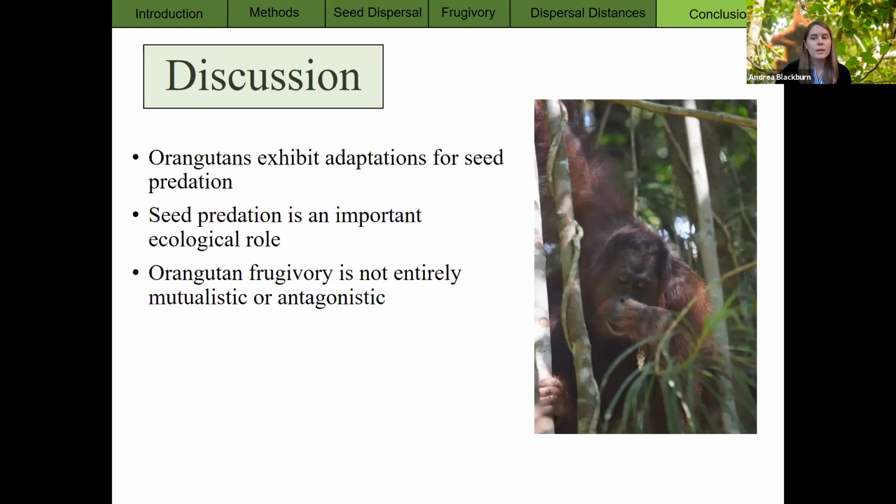Seed predation also enhances and maintains species diversity, and currently we know far less about the importance of seed predators relative to seed dispersers. And finally, orangutan frugivory is not entirely mutualistic or antagonistic. Orangutans disperse seeds of genera that they also predate. And these rare dispersal events of commonly predated seeds might outweigh the costs of predation.